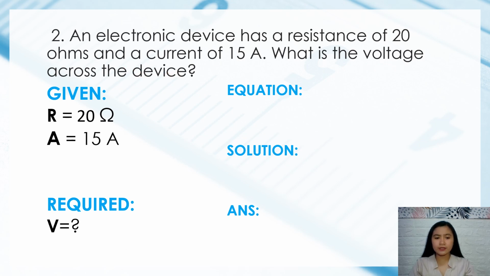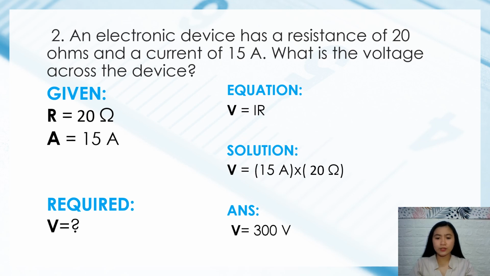And for this, since we need to find the value of the voltage and our given are the resistance and the current, we can use the formula V is equal to I times R. So for our solution, V is equal to 15 amperes multiplied by 20 ohms. So the answer will be 300 volts. As easy as that. I hope that you have the same answer as me.